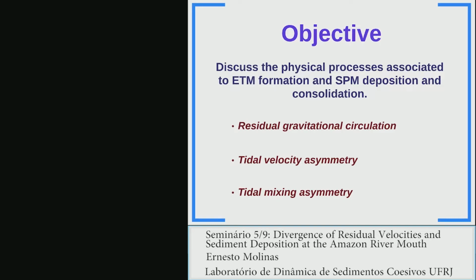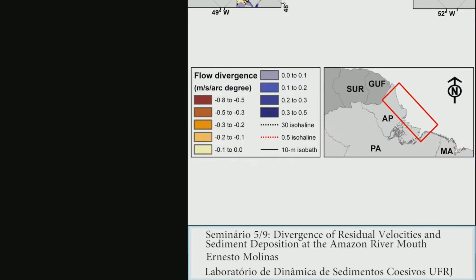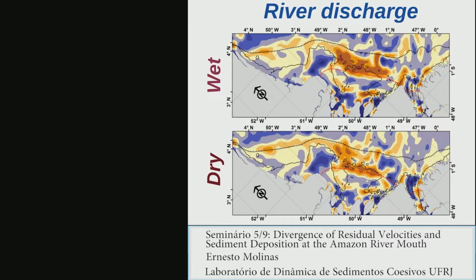This is just a scale: hot colors are for convergent flow, and the blue scale is for divergent flow. What we see here is that in the wet period, in the frontal zone of the estuary, this convergence occurs a little bit farther seaward than in the dry period.